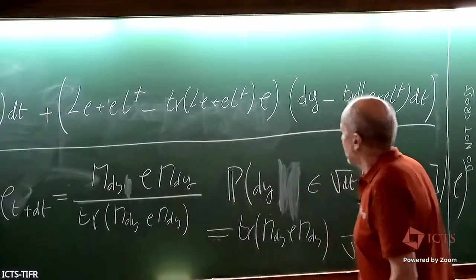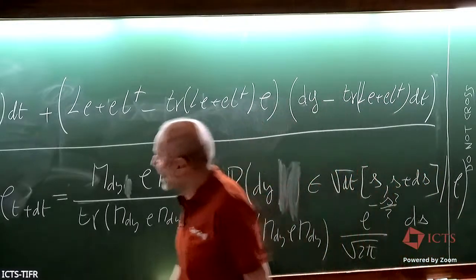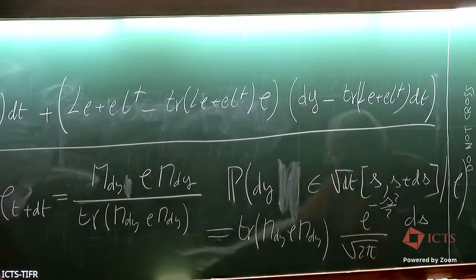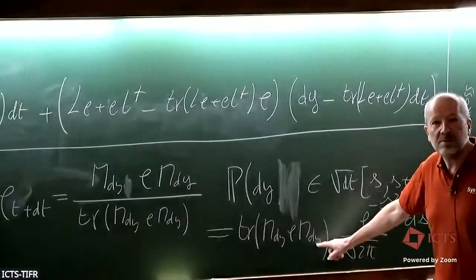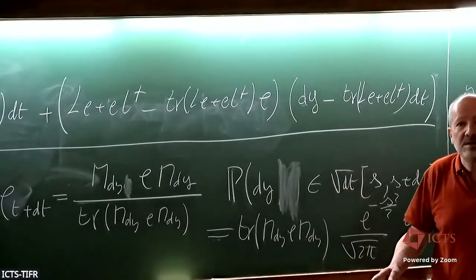So you see that in this case, M is an affine function of dy. So this trace here is a polynomial of degree 2 with respect to dy, and it is always positive.